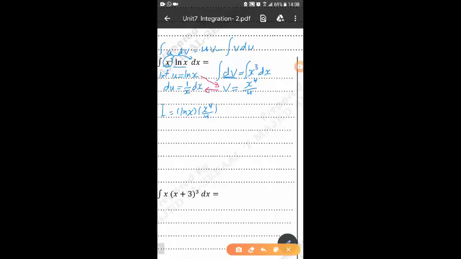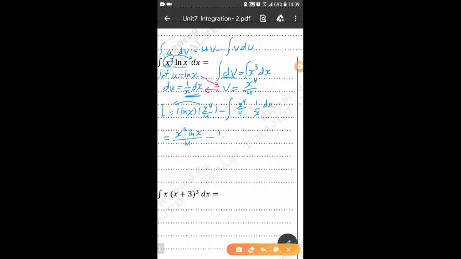So, minus integration. What is v? It is x4 over 4. And du? It's 1 over x dx. It's really easy now. See what will happen. I will put in front at the beginning x4 ln x over 4, minus.